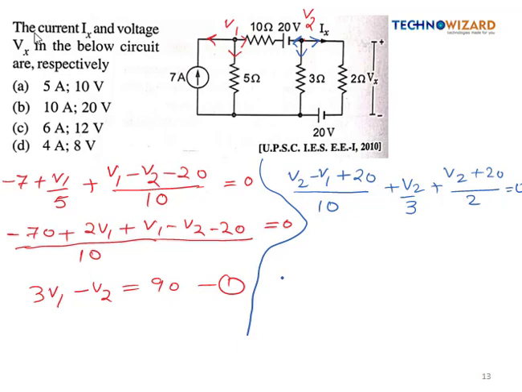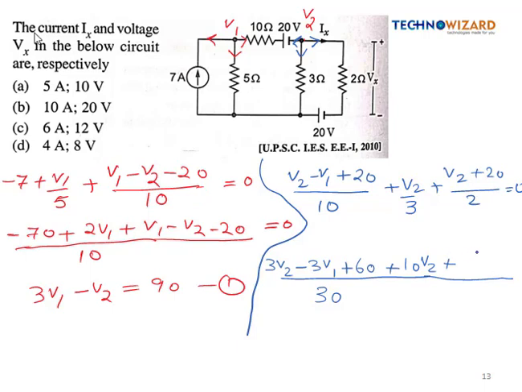So after taking the LCM, which will be 30, it will be 3V2 minus 3V1 plus 60 plus 10V2 plus 15V2 plus 300, that is equal to 0.